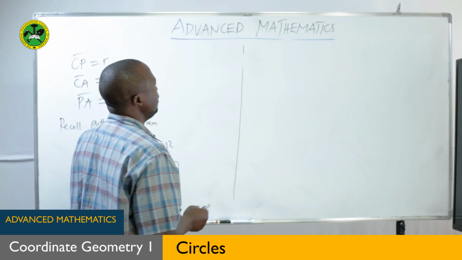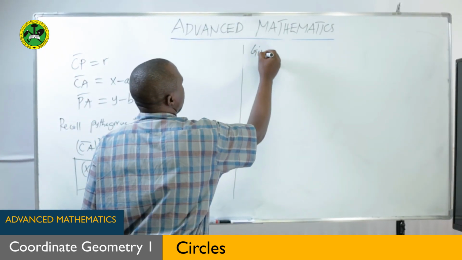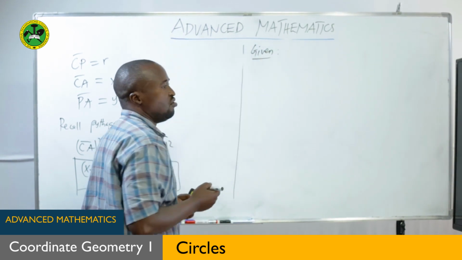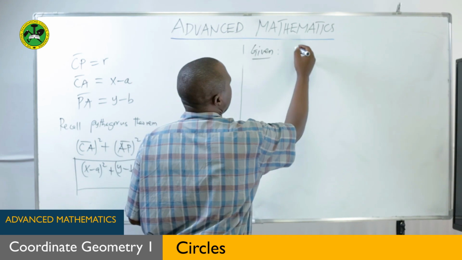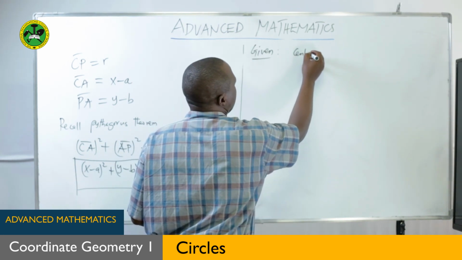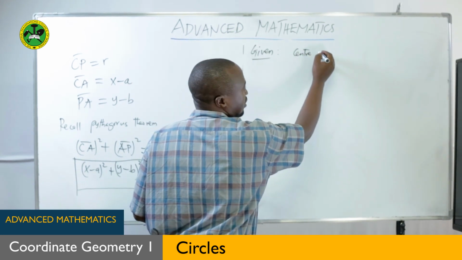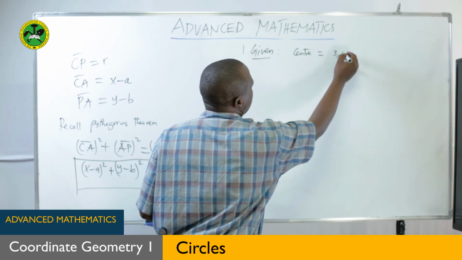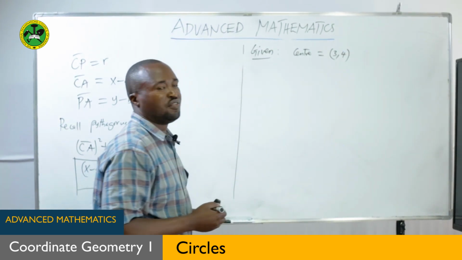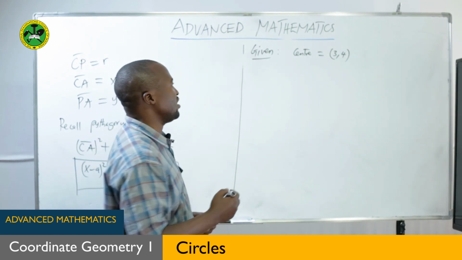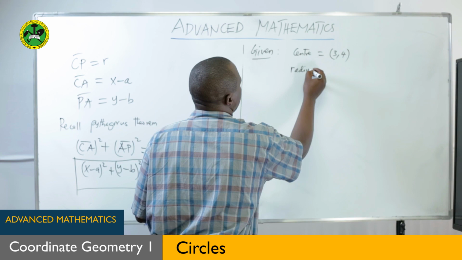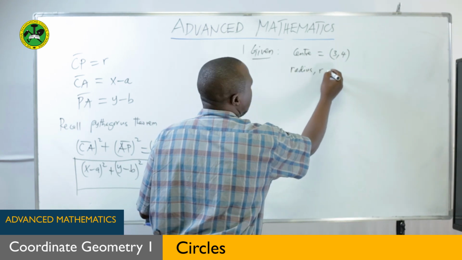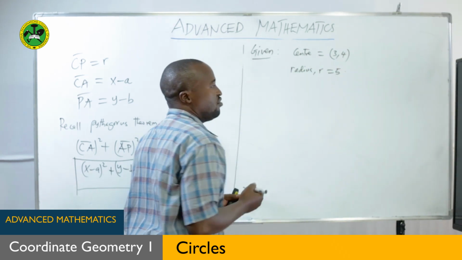In this question, we are given the center, (3, 4), and the radius r is equal to 5.